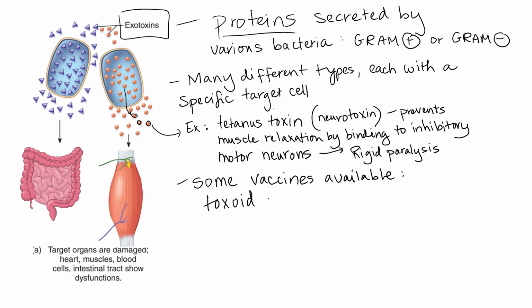Toxoid vaccines are developed against exotoxins. So, for example, this whole concept of tetanus, it's preventable. It's preventable by the DTaP vaccine. So you can get a tetanus toxoid vaccine.